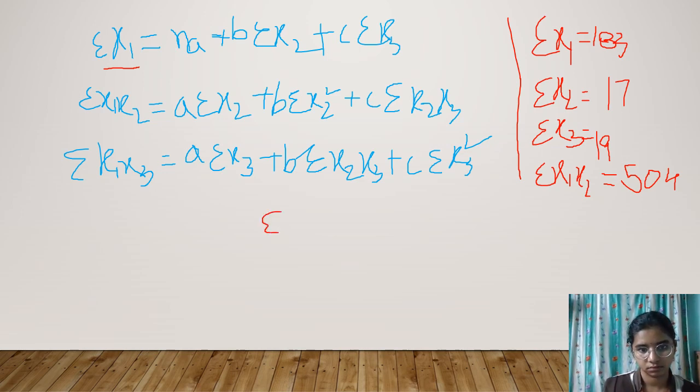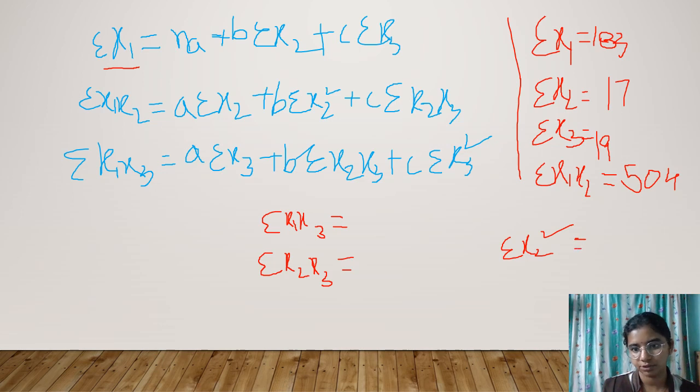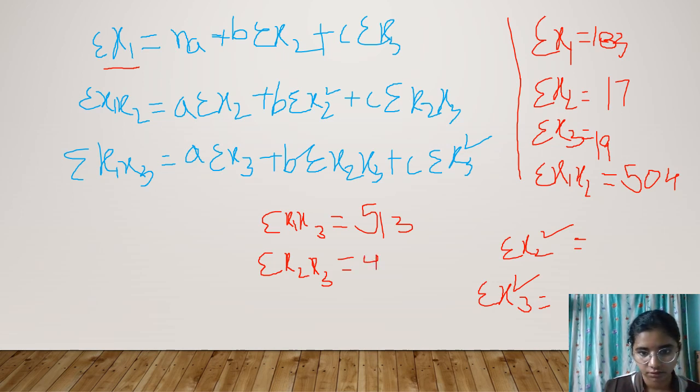And sigma x1 x3 is 513. Sigma x2 x3 is 40.